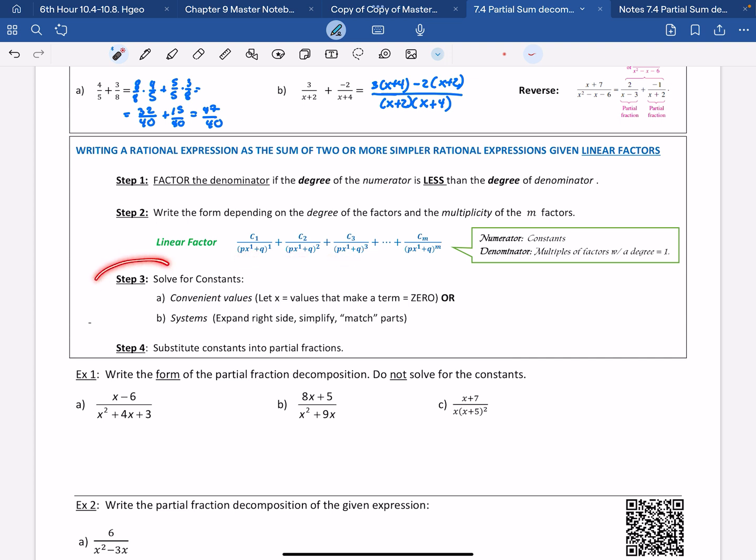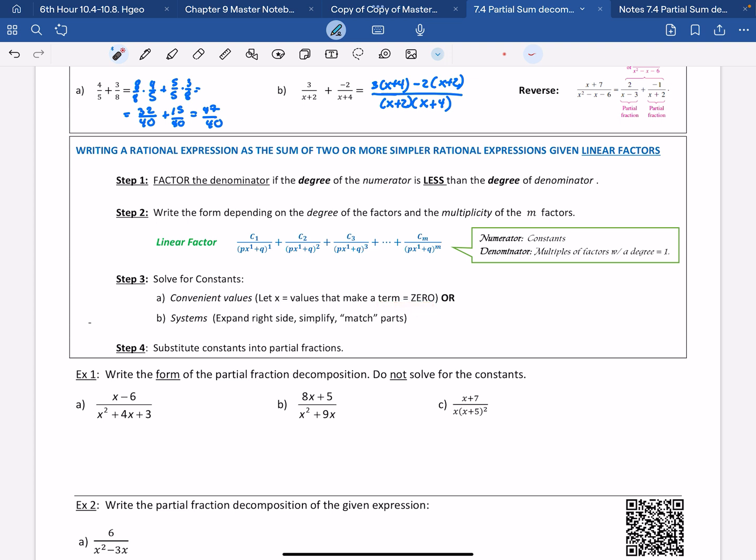Step 3 is to go through the process of solving, and there are 2 different ways through our notes for the next couple of sessions. One is we're going to use convenient values. So kind of like guessing or just looking at the equation, what would be an easy value to plug in that will yield a 0 to wipe out one of the variables.